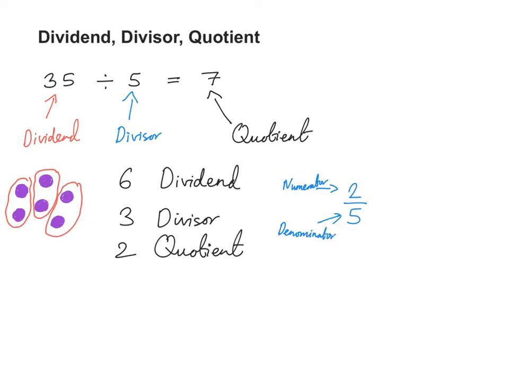But what I'm also teaching you now is that the top number is also called the dividend, and the bottom number is also called the divisor. Why? Because every fraction is actually a division.